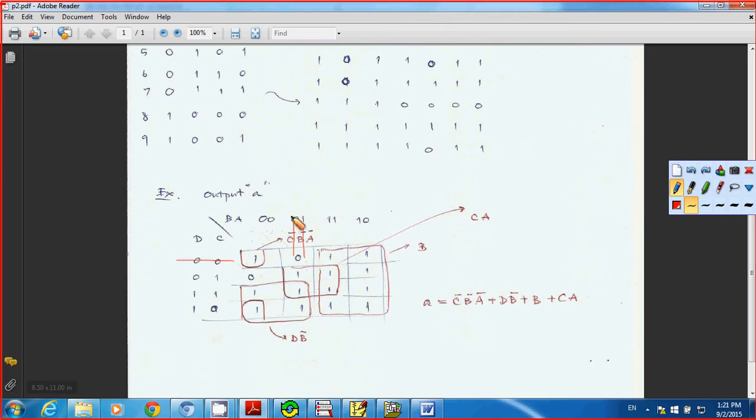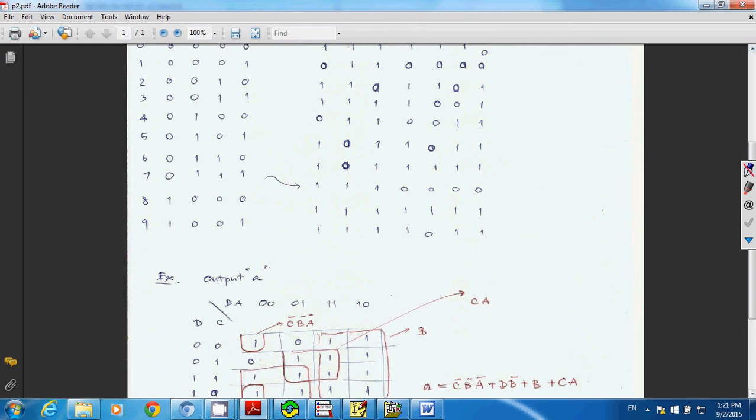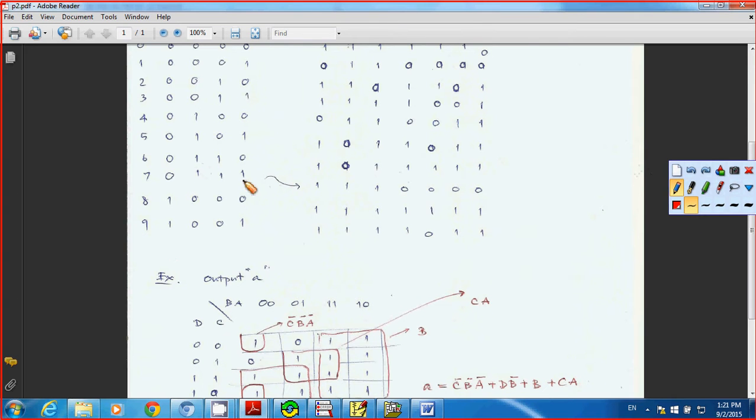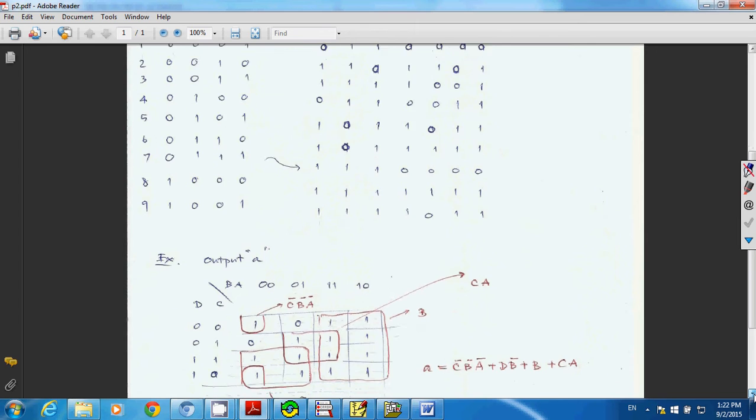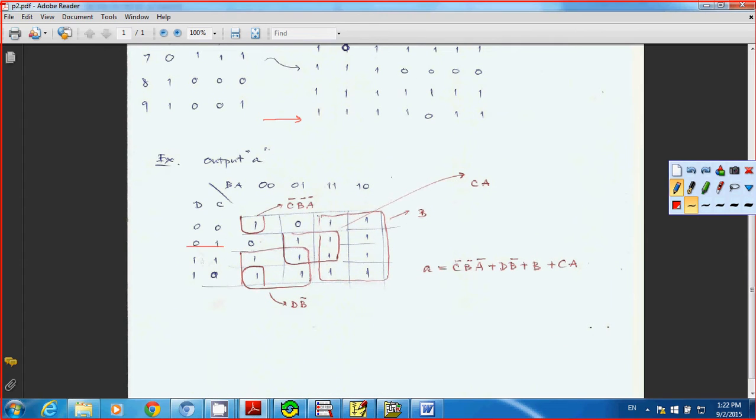So you pick up this one here, put 0, and also another 0. What's that for the output A? You have 0 1 0 0. This is 0 1 0 0. So that's why I put 0 right here, and the rest I simply put 1.